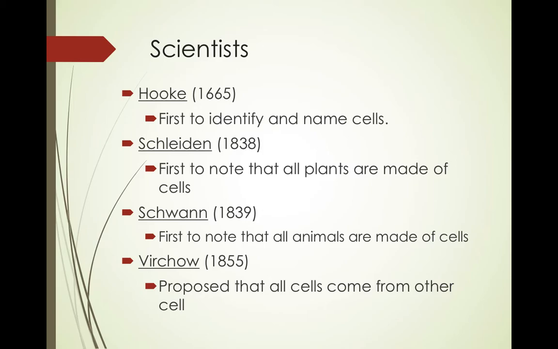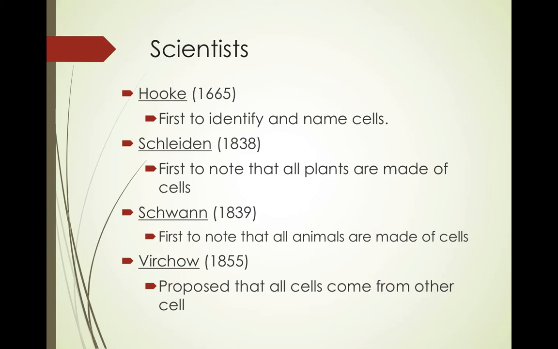Then you have this next scientist called Schleiden. Schleiden was the first scientist to note that all plants are made up of cells. Now, if you notice, just one year later, this guy named Schwann was the first scientist to note that all animals were made up of cells.